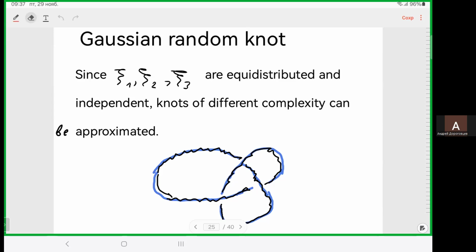If we control the second derivative of xi, then we can do this approximation while avoiding additional knotting in the tube. And it means that we will get exactly the trefoil, for example, in this case. So this is the idea of the proof, that we can get arbitrary complexity.